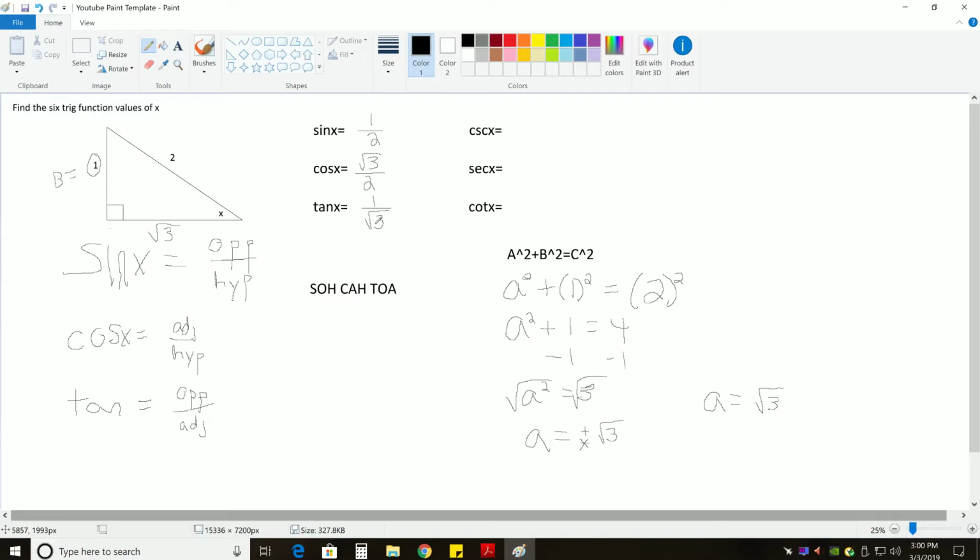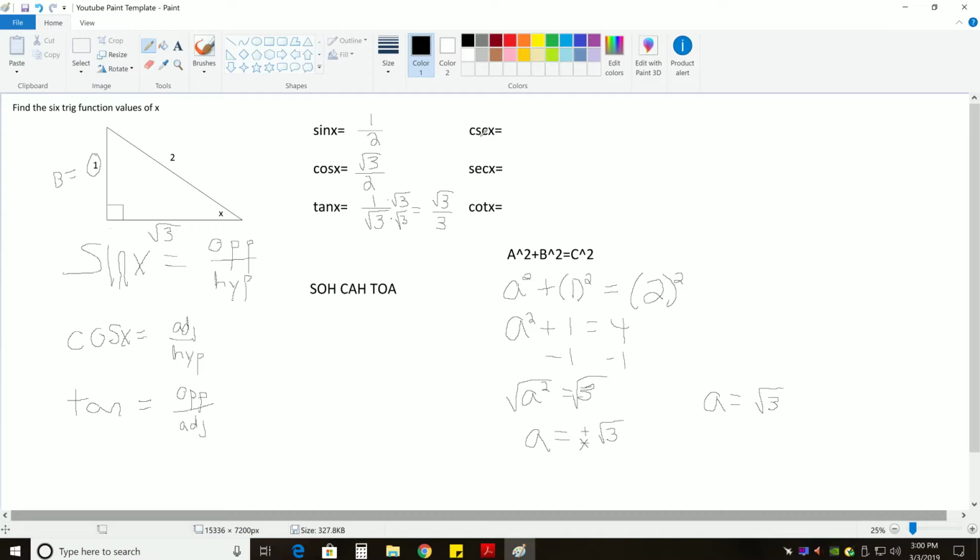We cannot leave a square root in the denominator, so we'll multiply the top and the bottom by the square root of 3 to get tangent of x is equal to the square root of 3 over 3. Square root of 3 times the square root of 3 is 3, and 1 times the square root of 3 is the square root of 3.